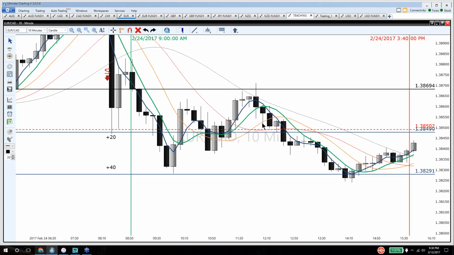All right. So in this case, again, we had the crossing of the lines. We had the entry at this vertical green line that I placed, where we had the potential entry, and then right here where the market once again crossed the bias lines, the red and the black lines, would be the close of the position.